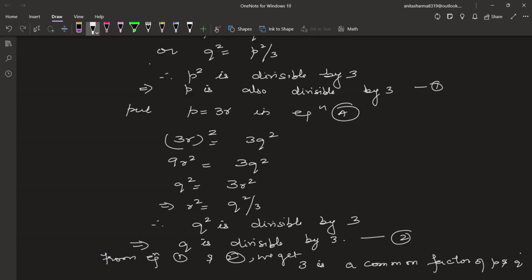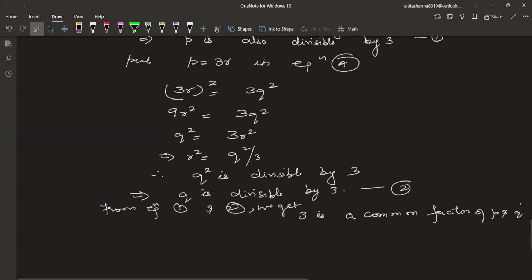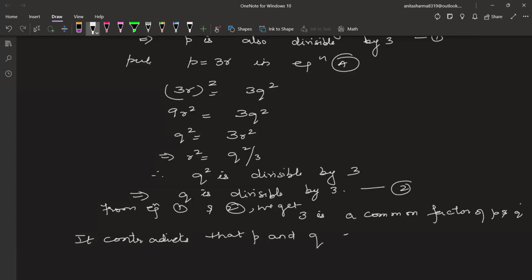So it contradicts that P and Q have common factors except one, right?